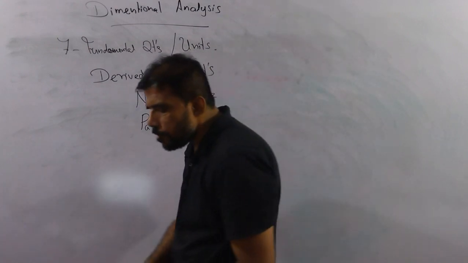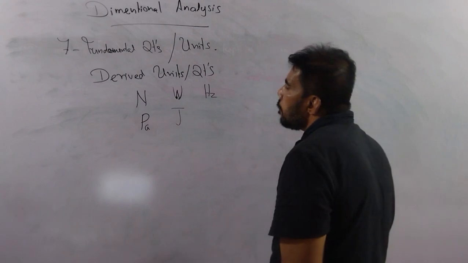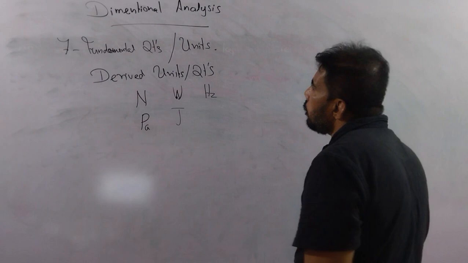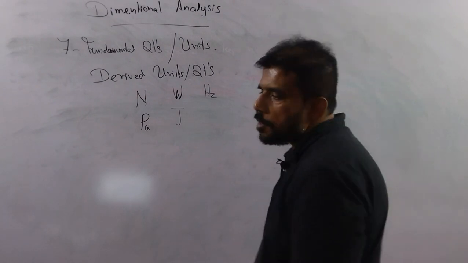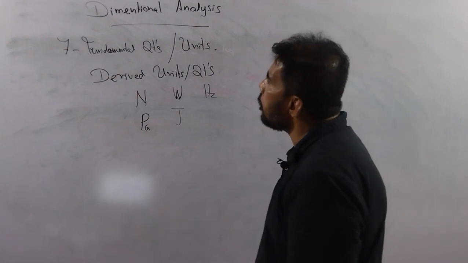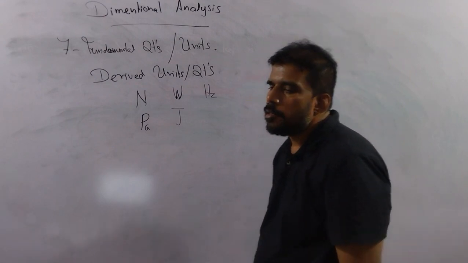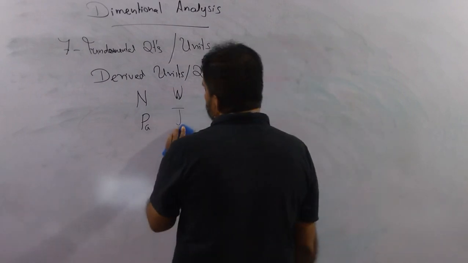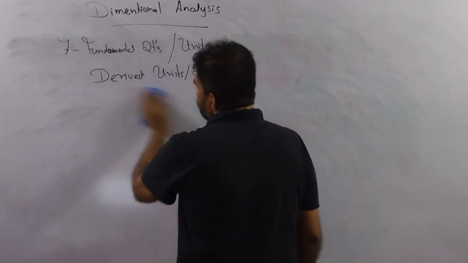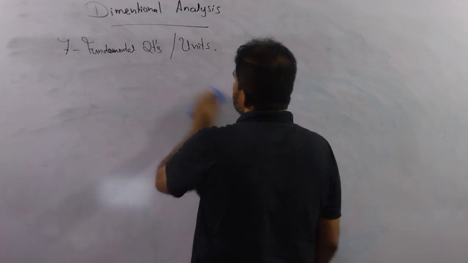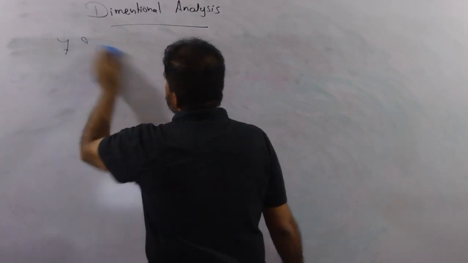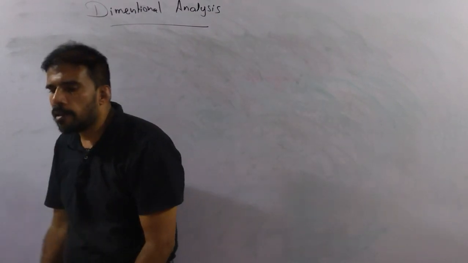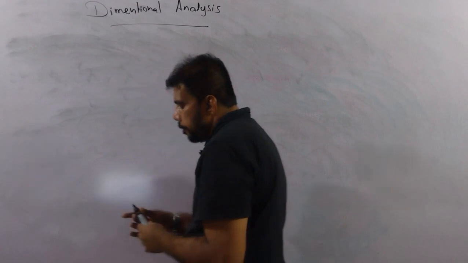So you can write like this: the symbolic representation of a fundamental unit or fundamental quantity is known as the dimensional representation or dimension of that quantity or unit. Right. Then we'll see what those dimensions are and how they relate to each other.